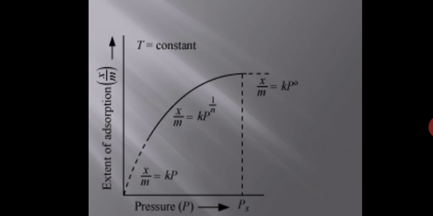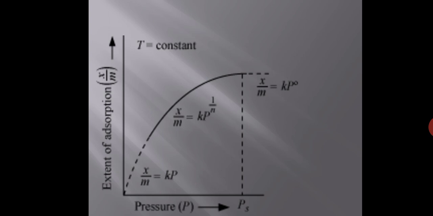After that you can see the graph becomes a straight line. That means if you increase the pressure further beyond PS, the x by m value is not going to increase. That means here the pressure becomes independent, because by increasing the pressure, the x by m value is not increasing, it is a straight line. It is independent, we can say that.